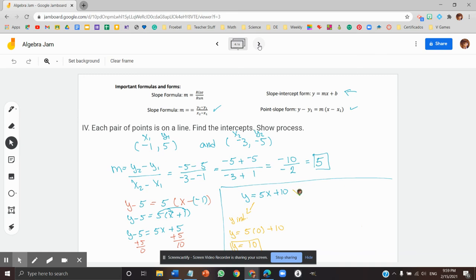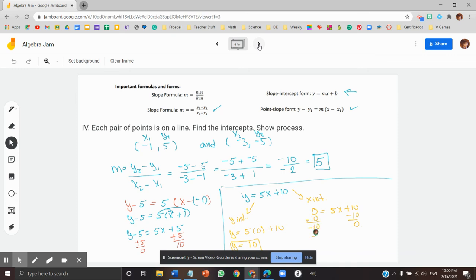Now let's find the x-intercept. And again, for the x-intercept, my y has to be 0. It's going to be 0 equals 5x plus 10. So the first thing I'm going to do is take away that 10 and subtract 10 on both sides. This is going to be 0, and 0 minus 10 is going to be negative 10.